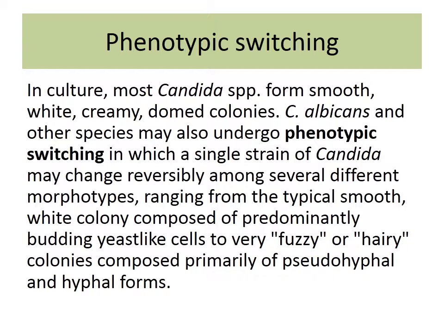In this case, for Candida albicans, they have smooth, white, creamy, domed colonies. A single strain also has the ability to change its morphotype, going from budding yeast-like to fuzzy and hairy, forming the hyphal form. So this is a colony differentiation that we have in Candida.